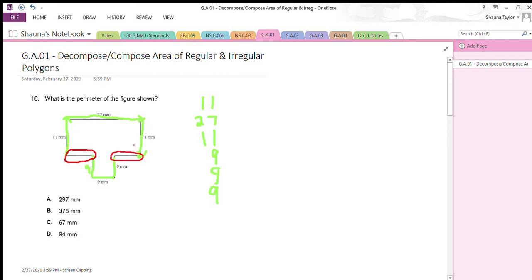So how am I going to find that out? This is how I do it. Let me pick another color. Orange. Okay, so remember from here to here was 27, right? But from here to here is 9. So I'm going to subtract 9 from 27 over here.